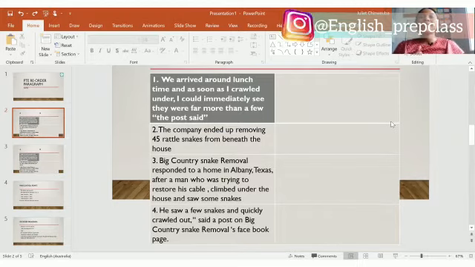The third one says, Big Country Snake Removal responded to a home in Albany, Texas, after a man who was trying to restore his cable climbed under the house and saw some snakes. Now, this is looking like a story. It looks like this should be the independent sentence because it's giving us a snippet of what the other sentences are about. The fourth one says, he saw a few snakes and quickly crawled out, said a post on Big Country Snake Removal's Facebook page.